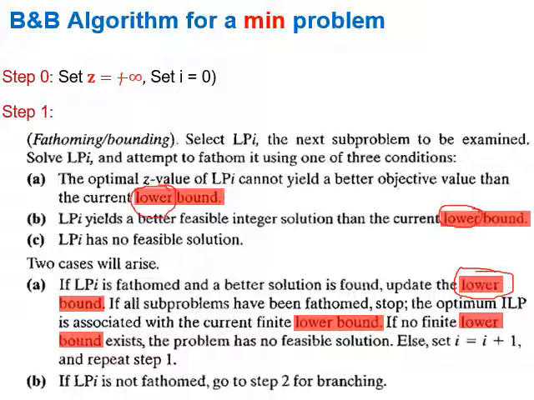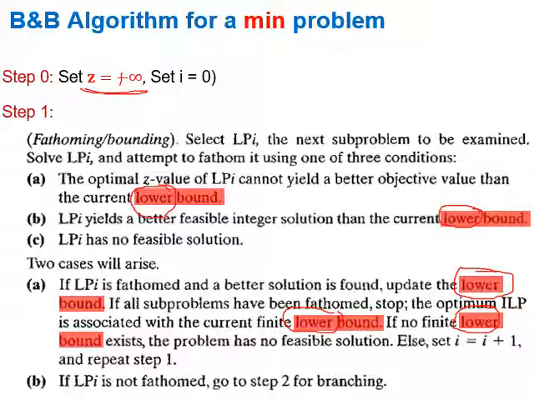The optimum integer linear programming solution is associated with the current finite upper bound. If no finite upper bound exists, which means that when you stop the algorithm your upper bound is still equal to plus infinity, then there is no feasible solution to this integer program. Otherwise, we set i equals i plus 1 and repeat this step.